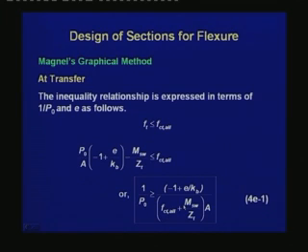All these values have come to the right hand side, and now we have an equation from the first stress condition which relates 1 by P0 with the eccentricity E.